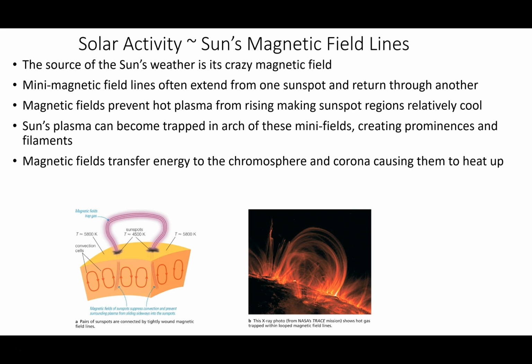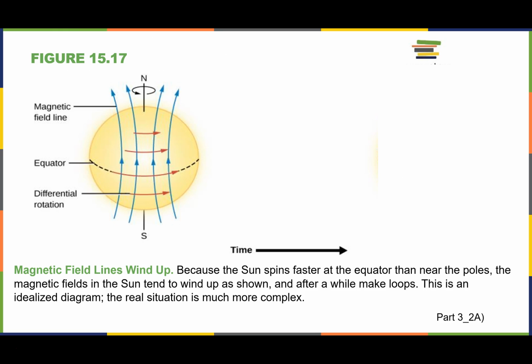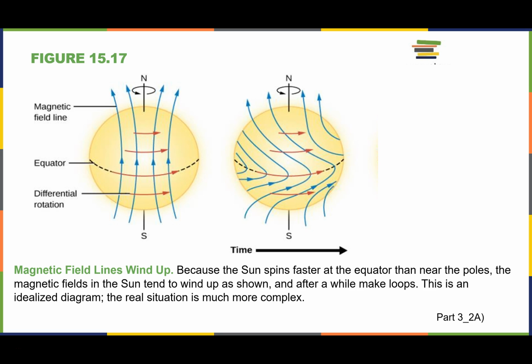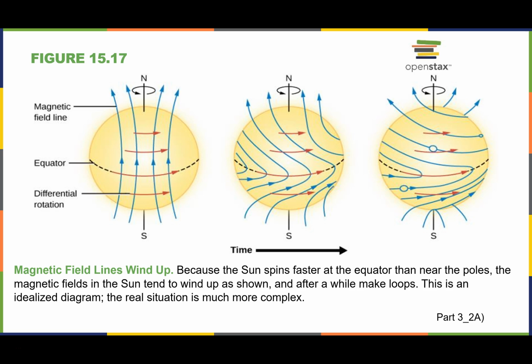So, related to this 11-year cycle, what happens is this. This is a clean slate. I'm going to show you 3 figures here. The first one is a new Twister board. This one is a Twister board after a little while, and this is a Twister board after even a little longer. I mentioned that the sun moves faster at the poles than it does at the equator.